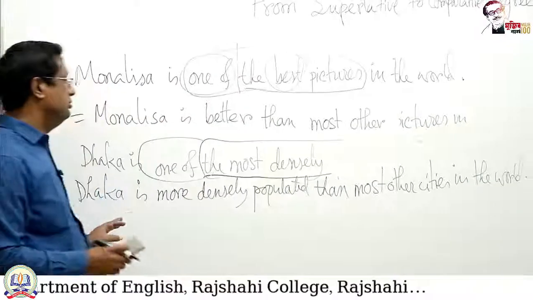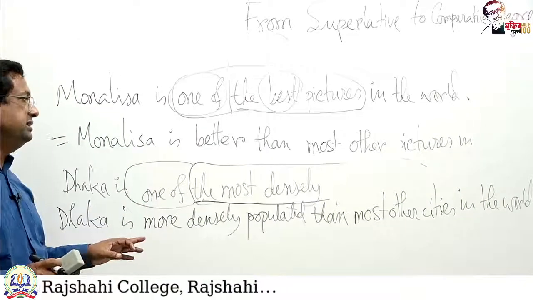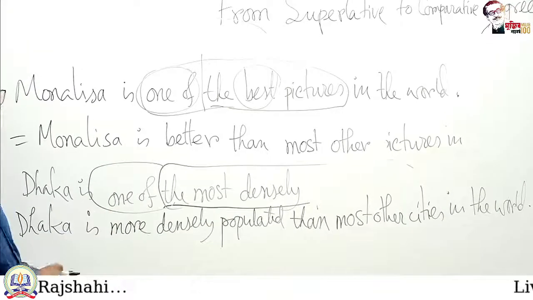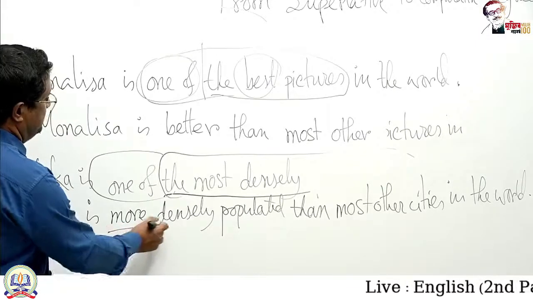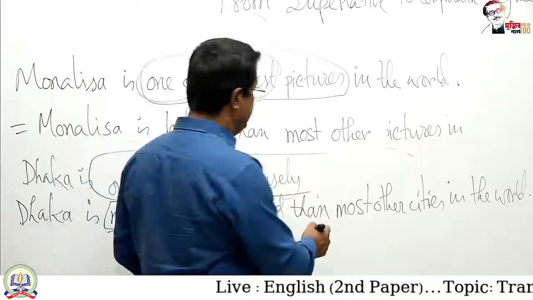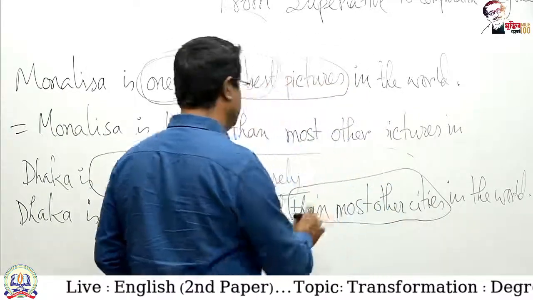Dhaka is more densely populated than most other cities in the world. Here you get one more. This is comparative. Again, you find than most other cities. Okay.